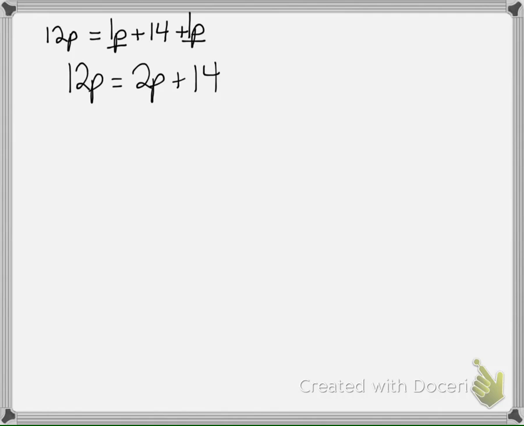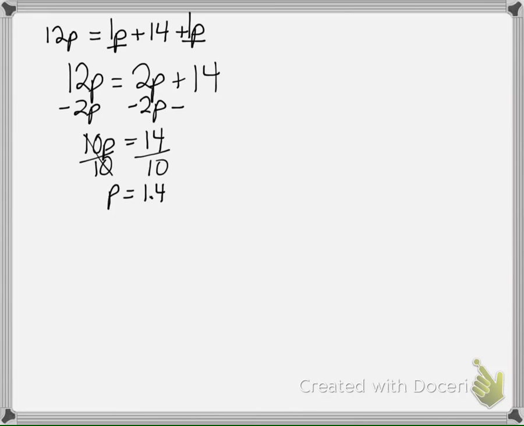From there, we need to get rid of our variables on the same side, so I'm going to subtract 2p from both sides, which gives me 10p equals 14. And then from there, we divide by 10, and we get p equals 1.4, or you could have left it as a fraction. It would have reduced to 7/5 as a fraction.